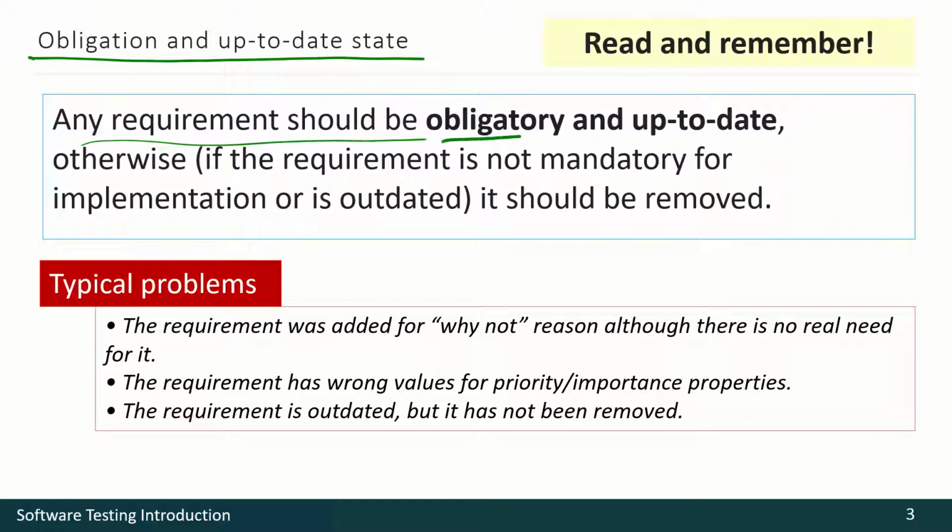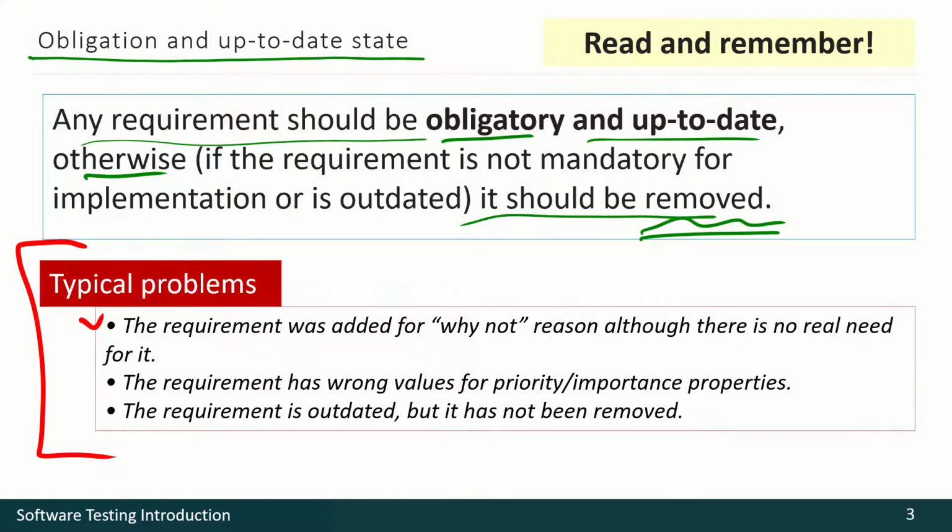Any requirement you have should be obligatory and up-to-date, obviously. Otherwise, it should be either removed or reworked. Some typical problems here. Maybe, for some unknown reason, a requirement was added as "why not?" and there is no real need for it.